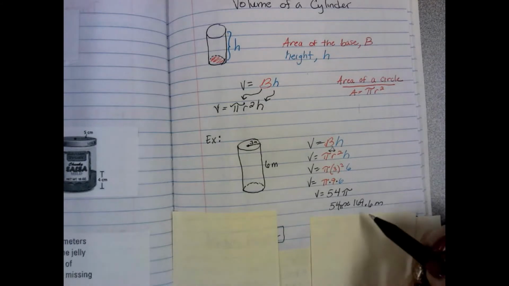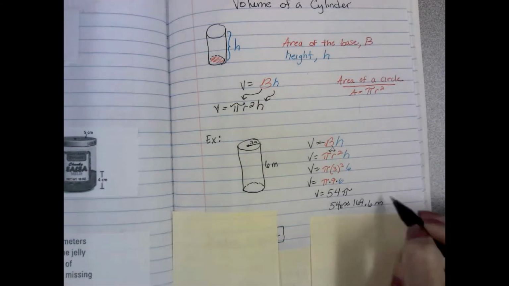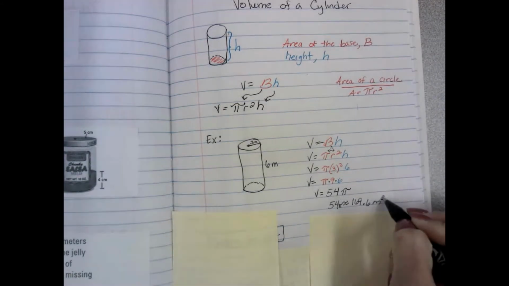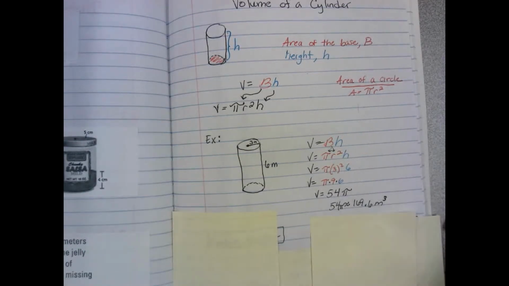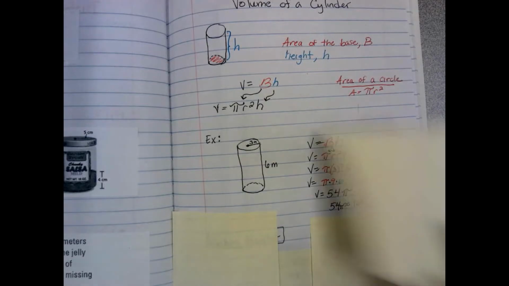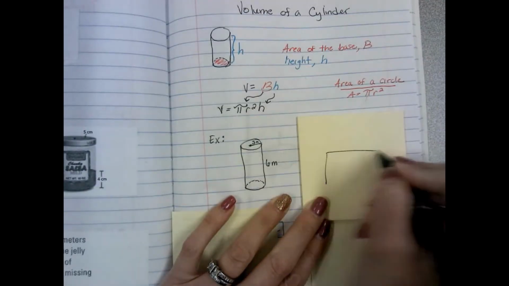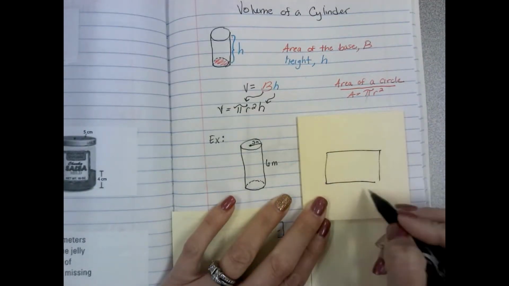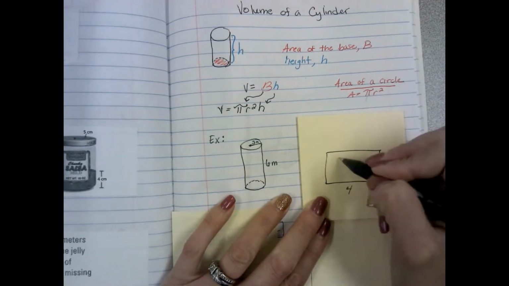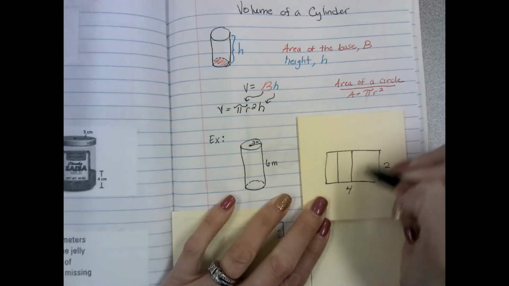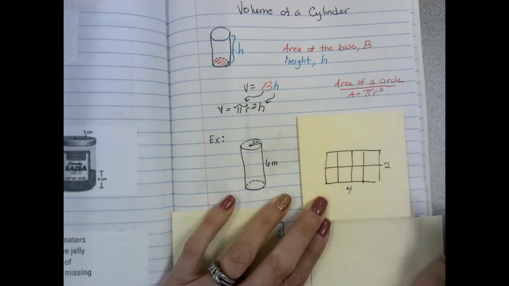Now remember, because we're talking about volume, we are always going to have units cubed. Area talks about a two-dimensional object and how many square units it would take to cover that object.